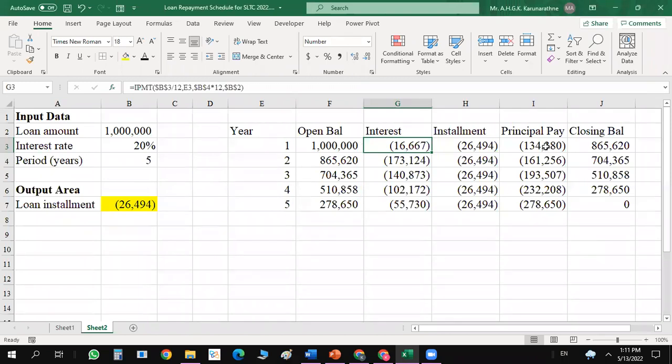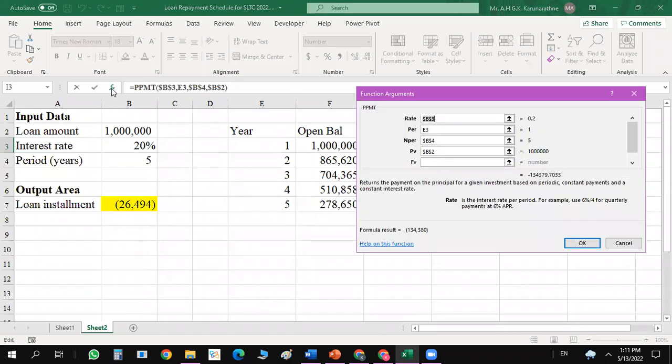Okay. Then the principal payment also. The original formula is for annual installment basis, right? We'll adjust it. Rate, again the annual interest rate, should be divided by 12 for monthly payments. PER, same one.